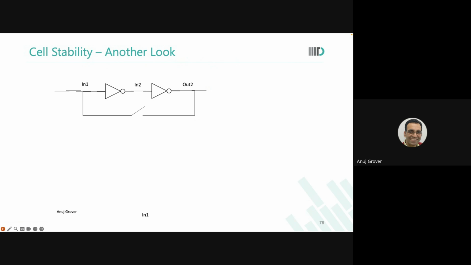This is a pair of inverters, and these are their transfer characteristics. So what I now do is I close this switch. I close this switch.